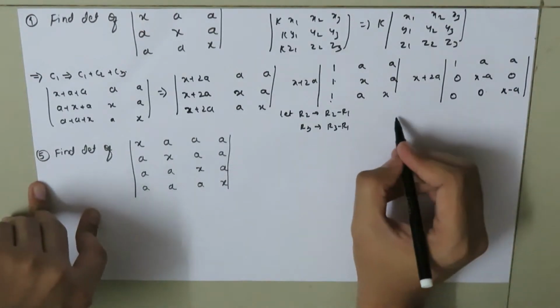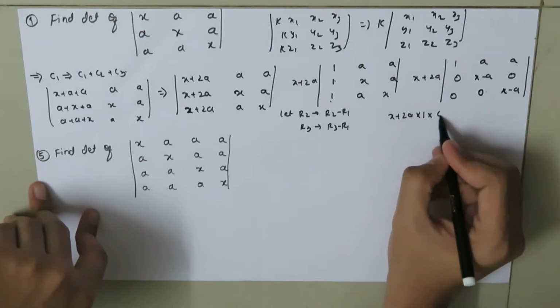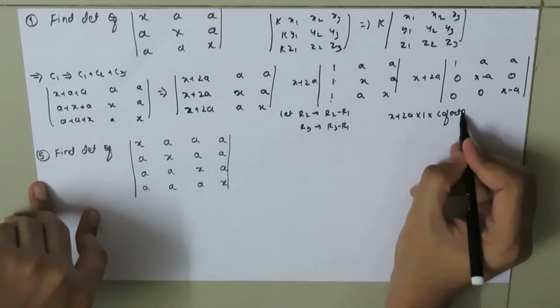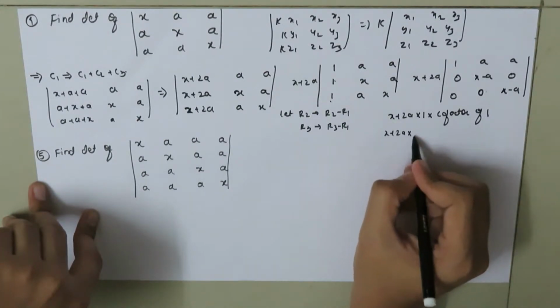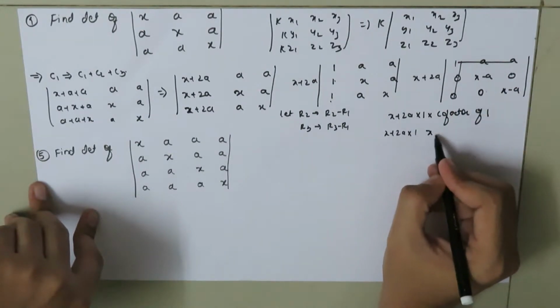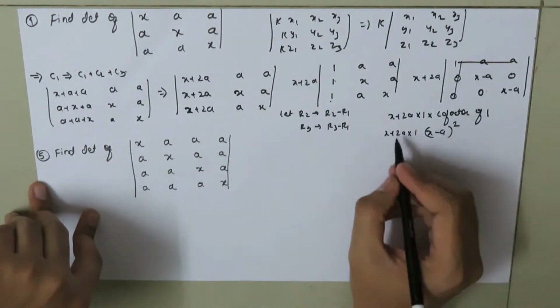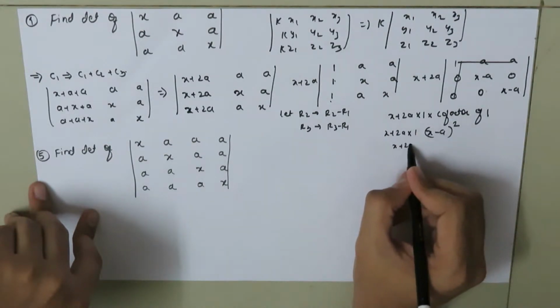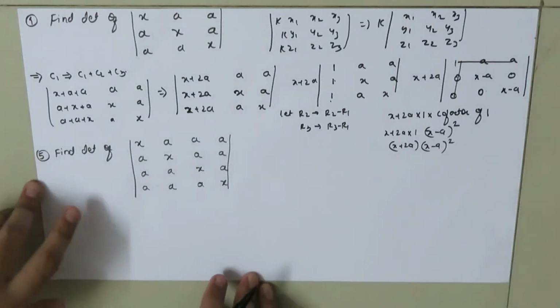This can be written as x plus 2a times 1 into the cofactor of 1. So x plus 2a multiplied by 1, and the cofactor of 1 is x minus a squared. So our final answer is x plus 2a multiplied by x minus a, whole squared.